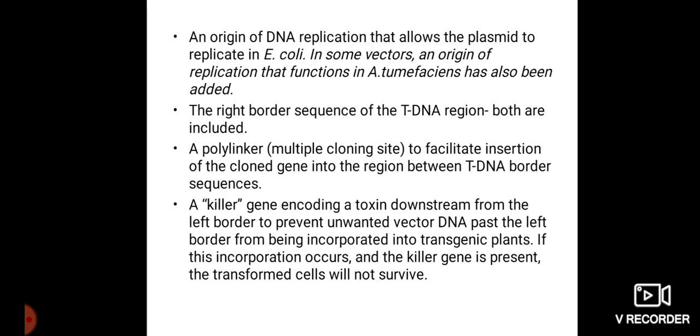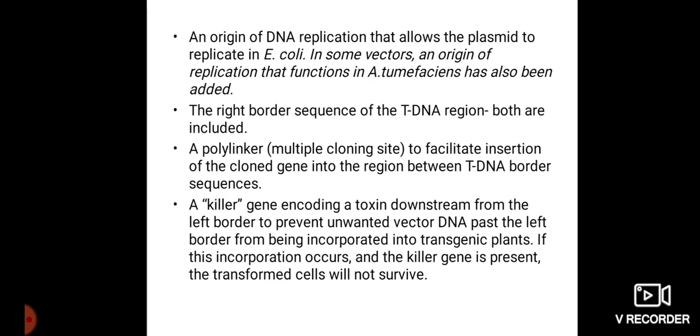Then the right and left border sequences of tDNA are used, and a polylinker or multiple cloning site is inserted to facilitate insertion of the DNA into the tDNA. Then a killer gene encoding a toxin is placed downstream of the left border, to prevent vector DNA past the left border region from being incorporated into the transgenic plants.